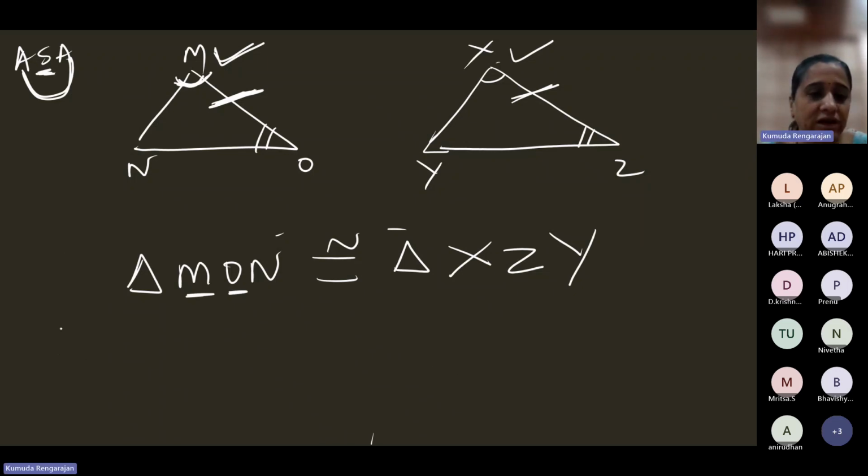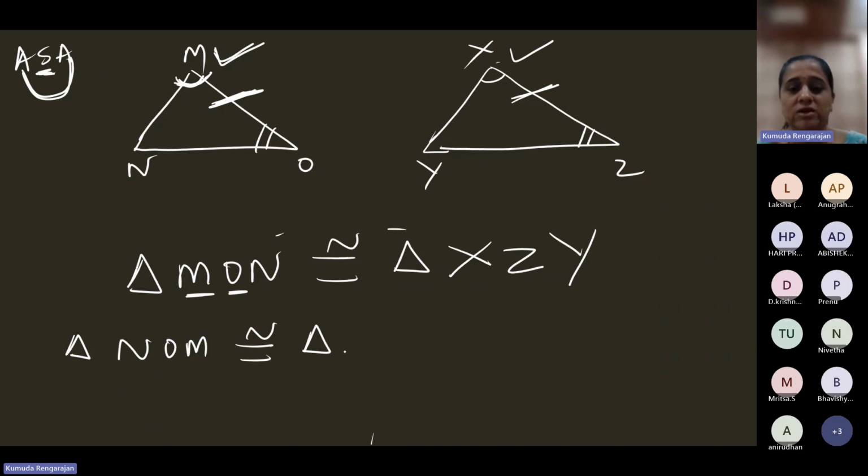Or if you name the first triangle as triangle NOM, congruent to triangle... N is that angle which we don't know in the first triangle. If you write this angle N first, then you must write Y here. If you write N first, you should write Y in the second triangle. Then if you write O in the first triangle, it is Z in the second triangle.